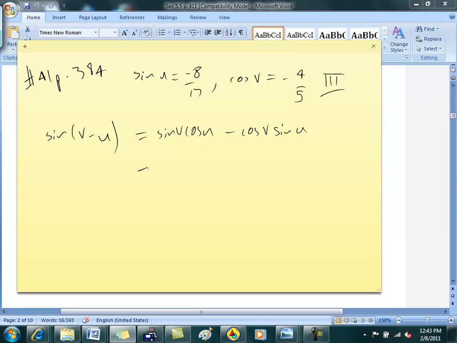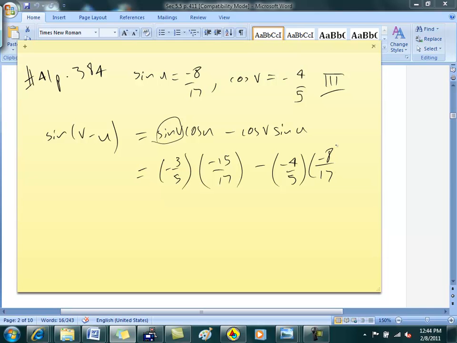Okay, so for sine v, Bobby, what's sine v? Should be negative 3/5. Yeah, you're right. It's quadrant 3, so it'd be negative 3/5. What's cosine u? Negative 15 over 17, minus cosine v is negative 4 over 5, sine u is negative 8.